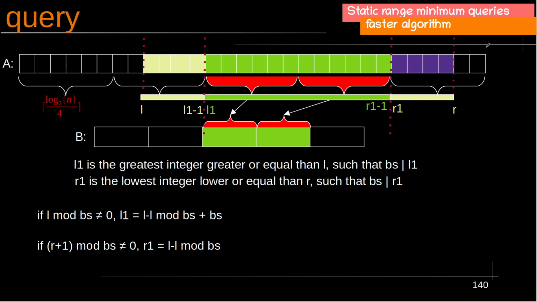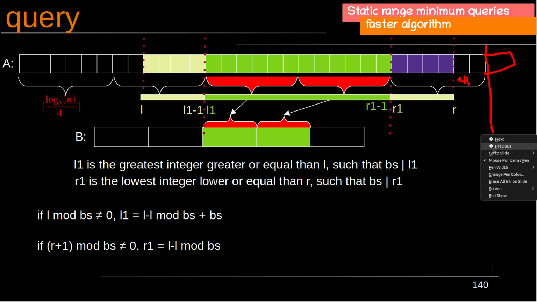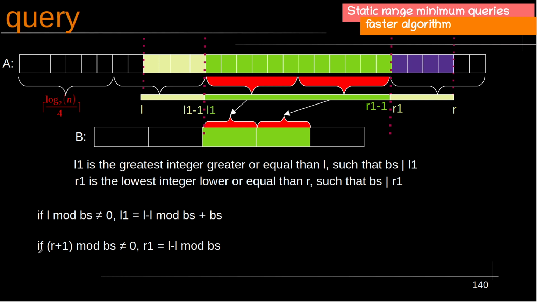As you see, this R plus 1 is not the beginning of the next block. How to know that? Just check if R plus 1 mod BS is different than 0. If it is equal to 0, R is the end of the current block; otherwise, it is not.